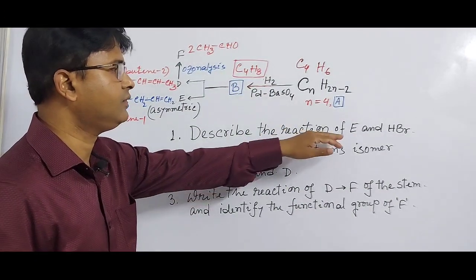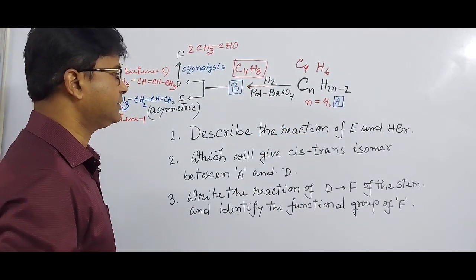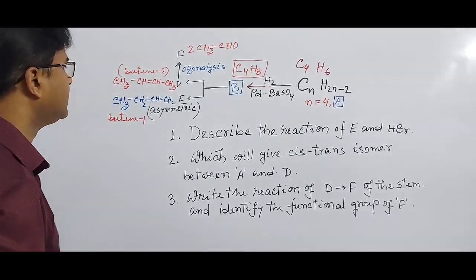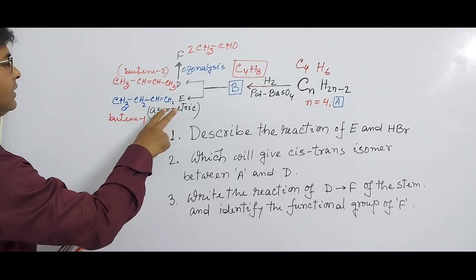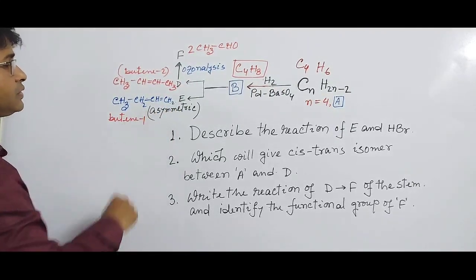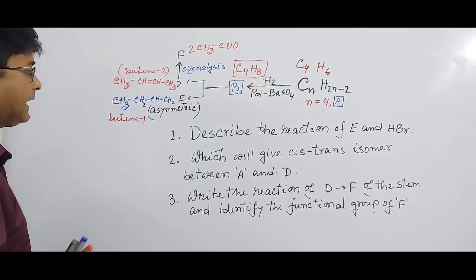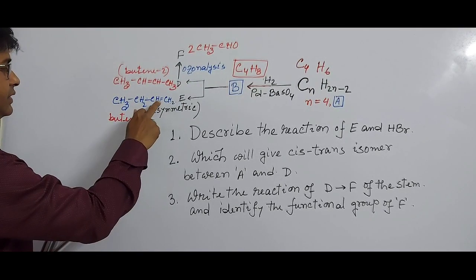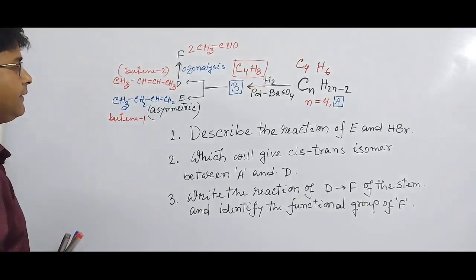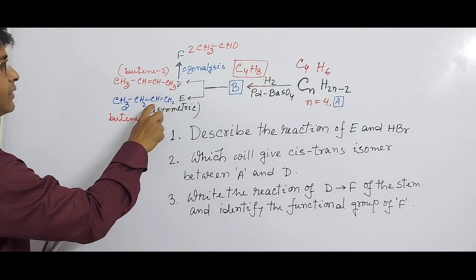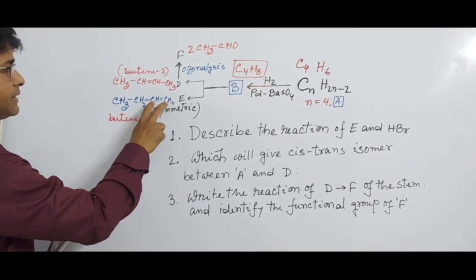Describe the reaction of E and hydrogen bromide. Students, already you have understood that compound E is butene 1, and butene 1 is an asymmetric alkene because there is a carbon-carbon double bond and the numbers of hydrogen atoms of the double bonded carbons are different.